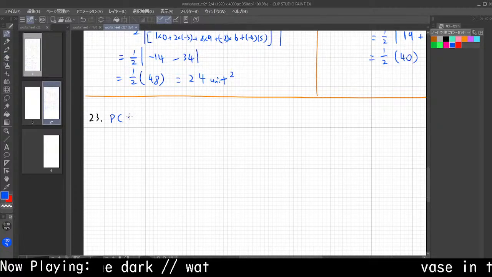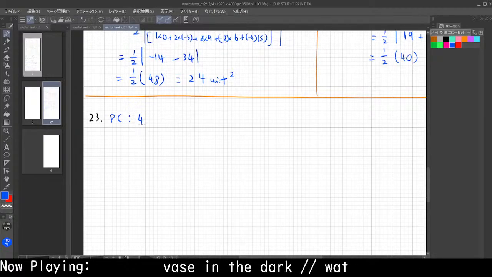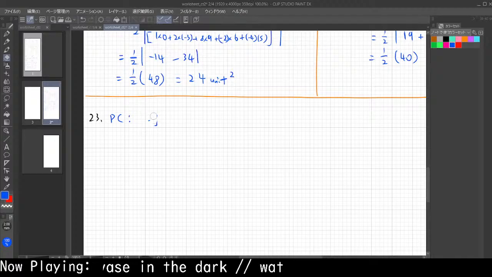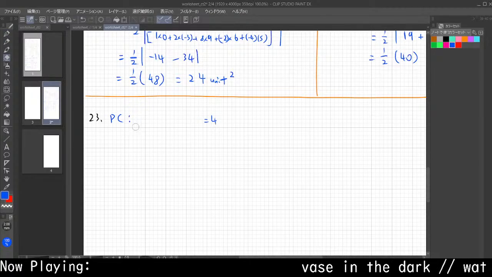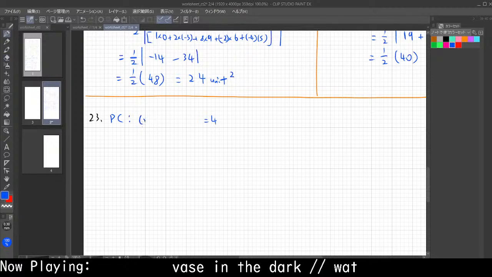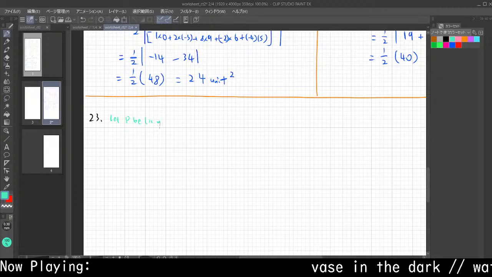So PC: the distance is 4, so I'll put a 4 over here. This distance should be equal to 4. Let P be x comma y.